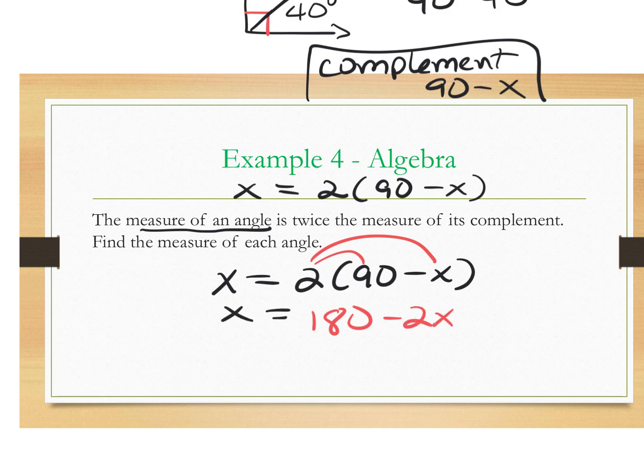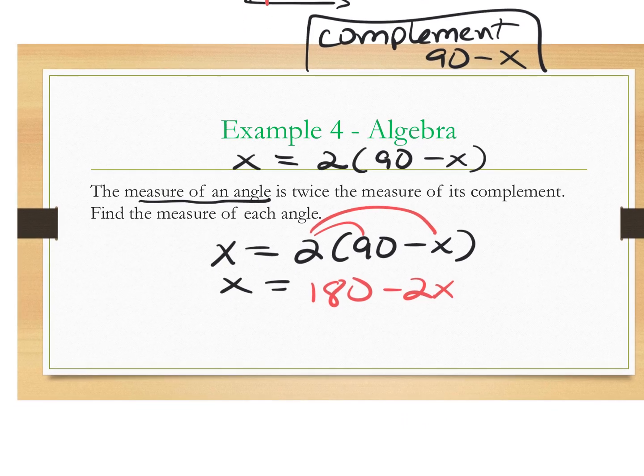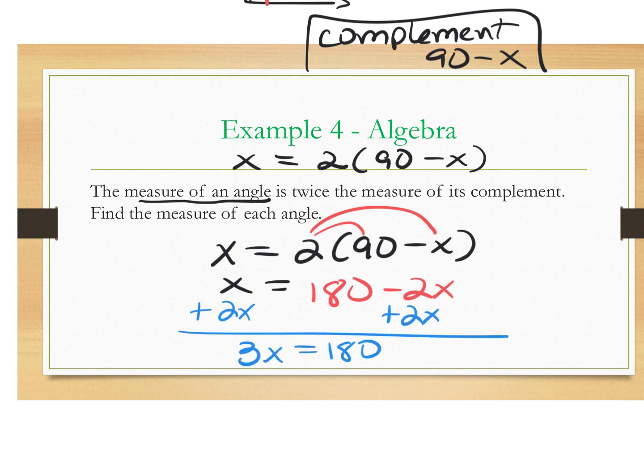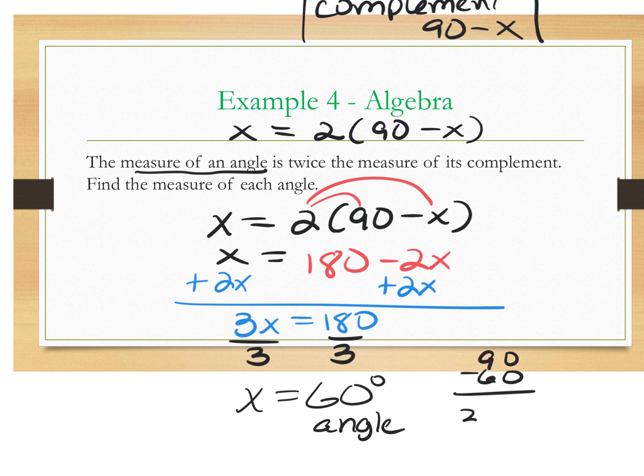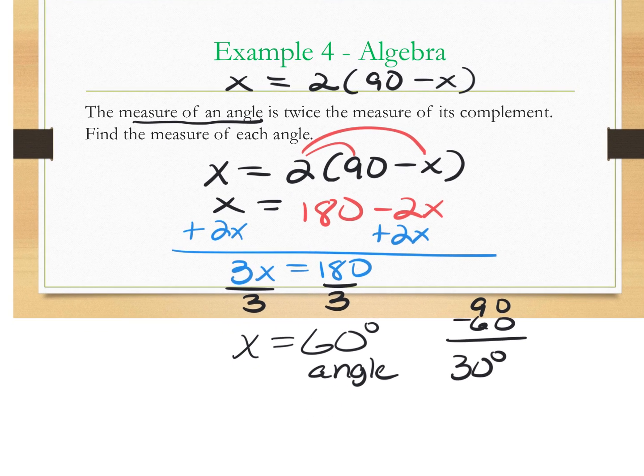I need to combine my like terms, so I'm going to add 2x to both sides. And I get 3x equals 180. Divide by 3, and x equals 60. Remember, x was the angle. And now to find its complement, I do 90 minus 60, and the complement is 30.